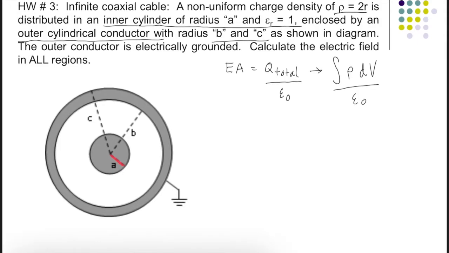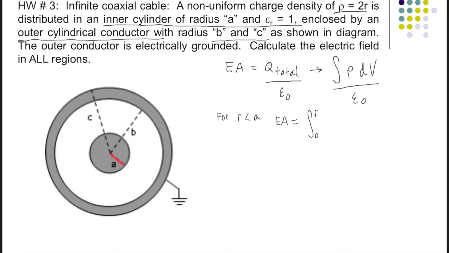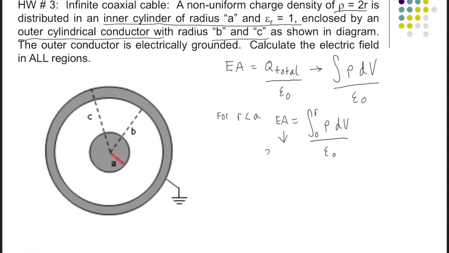So for r less than a, we can say EA is equal to the integral from 0 to r, charge density, P dV over epsilon naught. So what we do is we look at the area. The area here is going to be 2 pi RL.